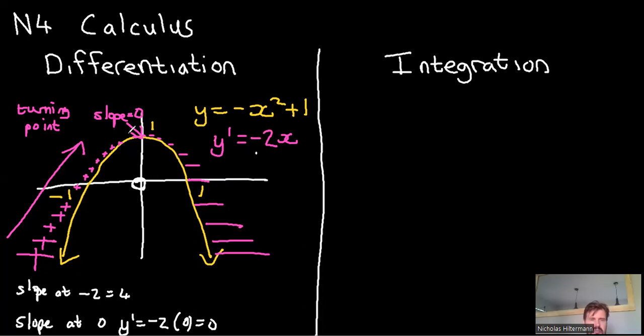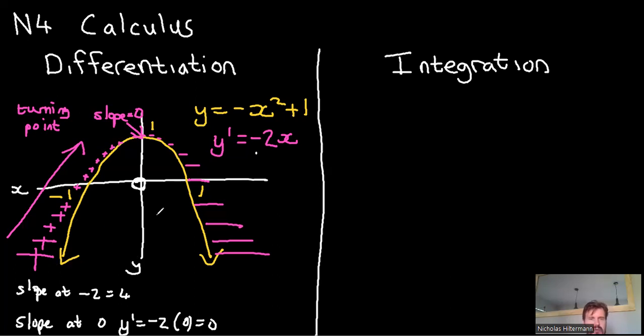So the slope is equal to 0 at 0. If the graph was like that, and say this was 4, the slope would be 0 at 4. It just so happens that the slope at 0 is 0, and that's because it turns on the y-axis. So x and y.